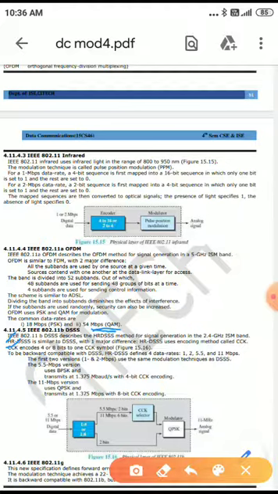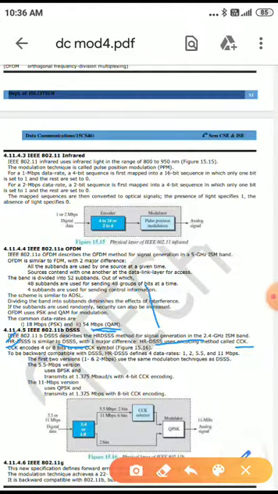Okay, next, HR-DSSS is similar to DSSS. The one major difference is that HR-DSSS uses an encoding method called CCK, complementary code keying.